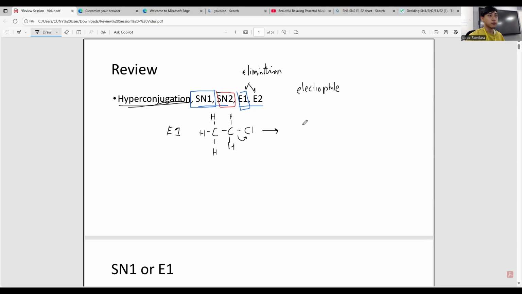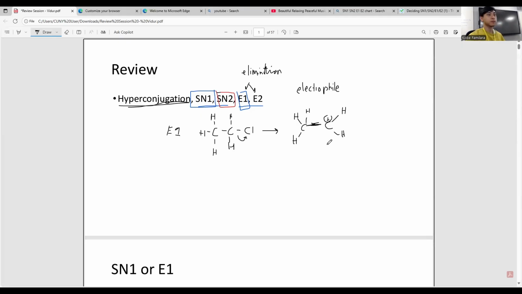So we will have an intermediate where this carbon has a positive charge, because it's missing one bond.